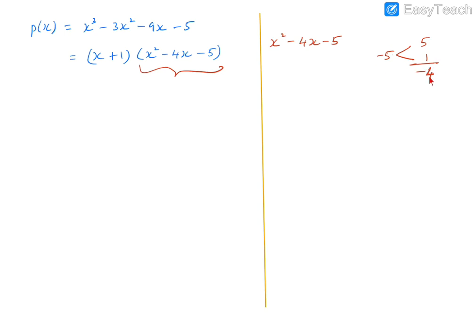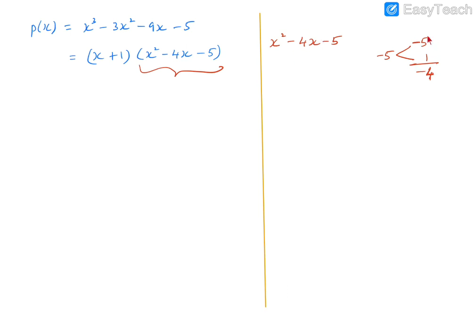So we want a minus 5 as well as a minus 4. So we'll have to put the negative sign in front of the bigger number, which is 5. So it is negative 5. Negative 5 into positive 1 is minus 5, and minus 5 plus 1 is minus 4.